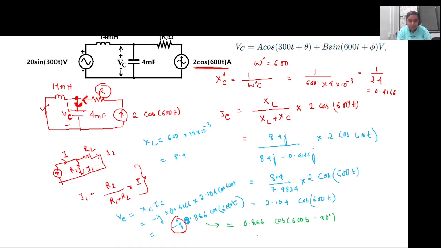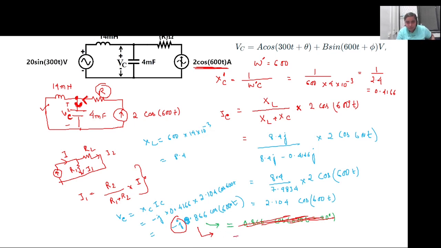Since the minus will come again and again, what we can do is, let's first write it in terms of sine. Let me use the pen. For this case, let's keep the sign as it is.